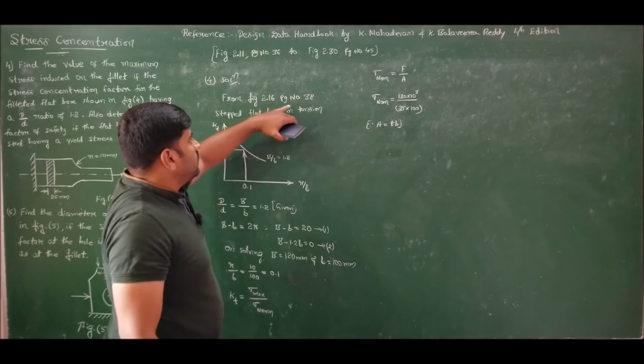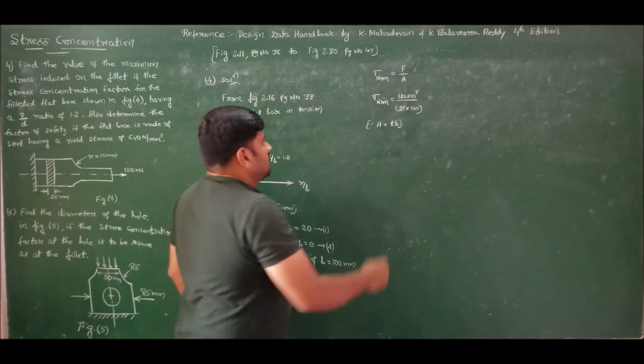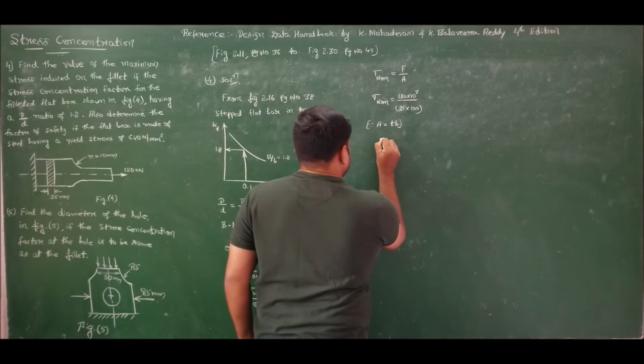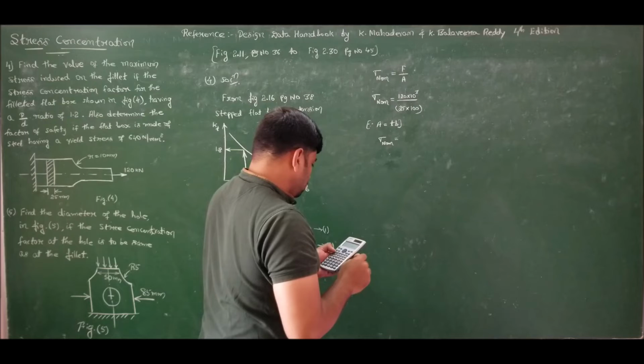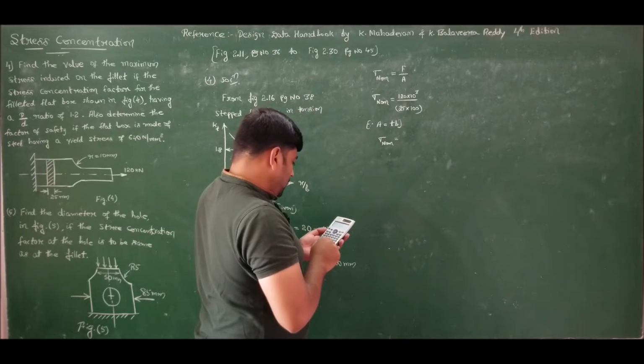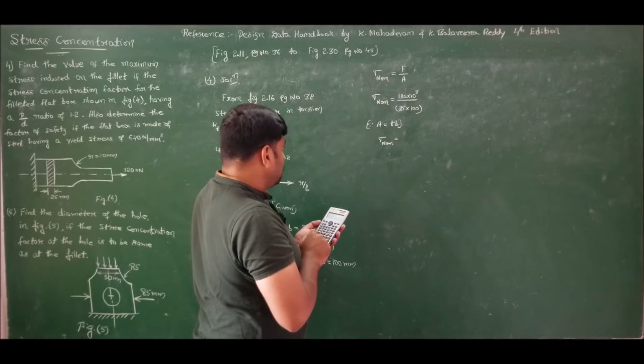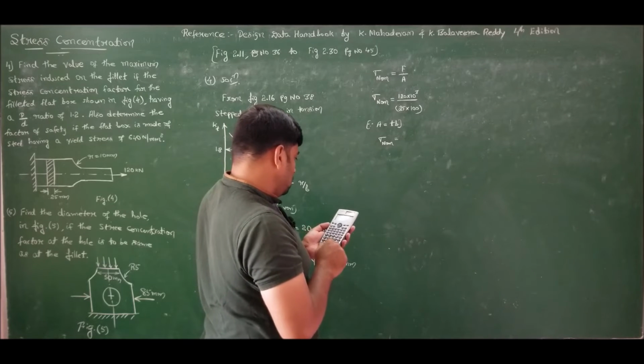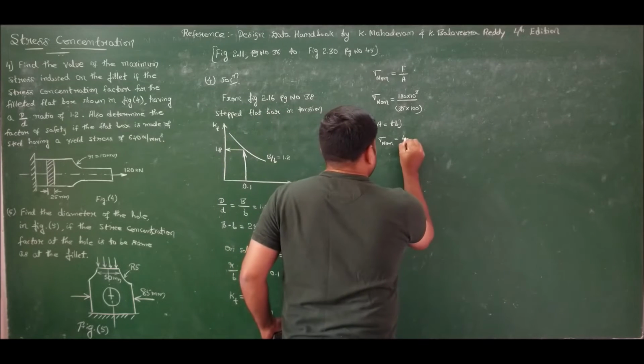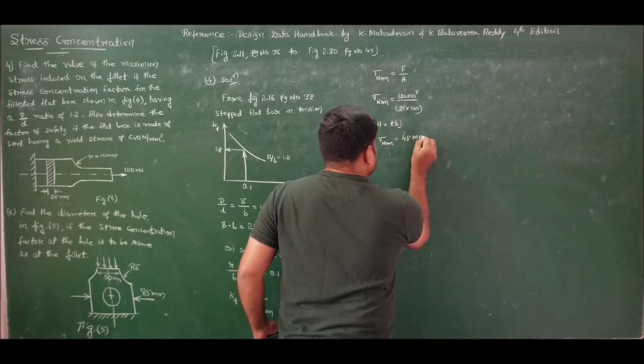So sigma nominal is 120 into 10 to the power of 3 divided by 25 into 100, that is 48 megapascals.